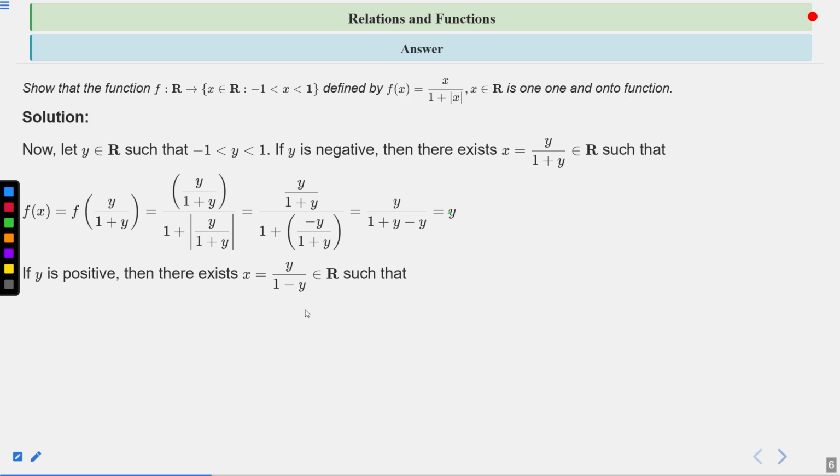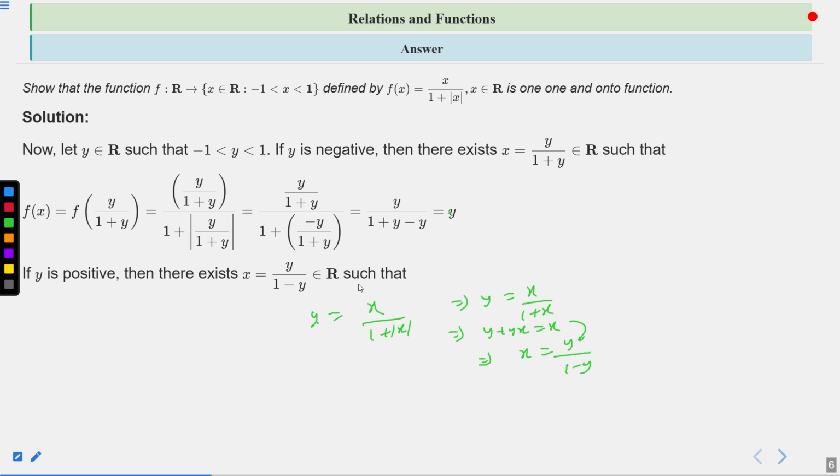When y is given as x upon 1 plus mod x, see, when y is positive, then x must be positive. So it can be written as y is equal to x upon 1 plus x, since x is positive. So it will be y plus yx is equal to x. So x can be written as y upon 1 minus y.